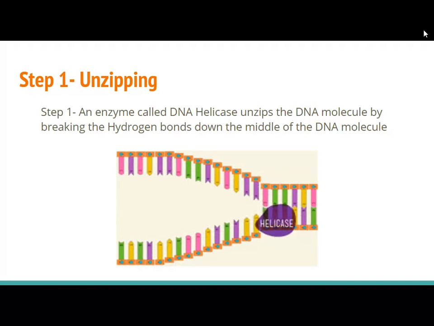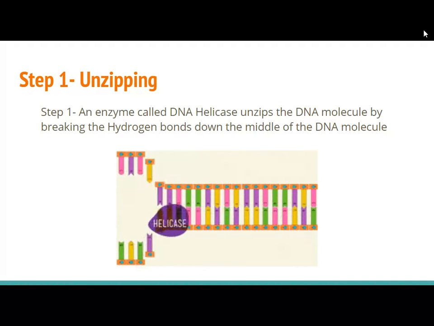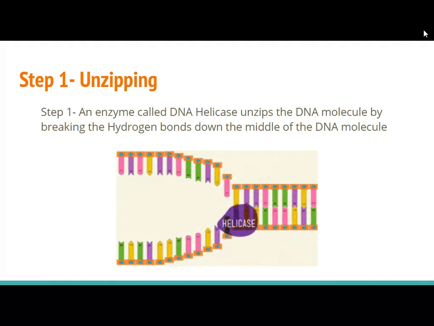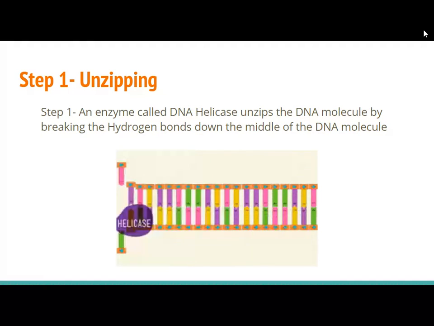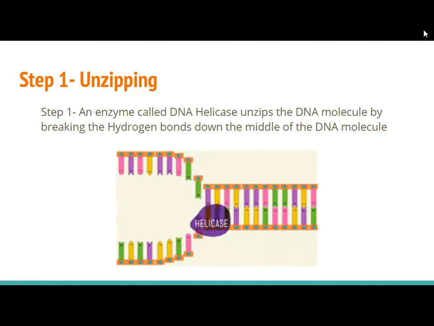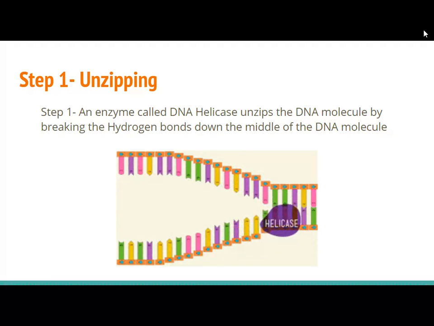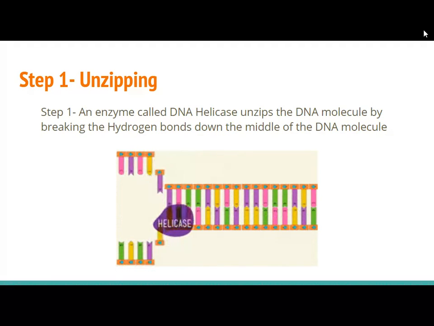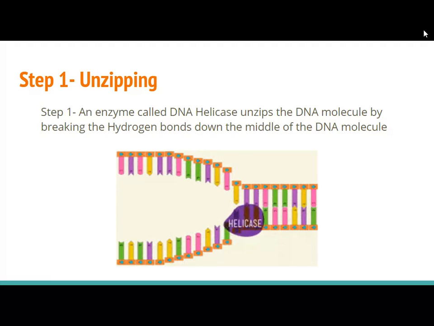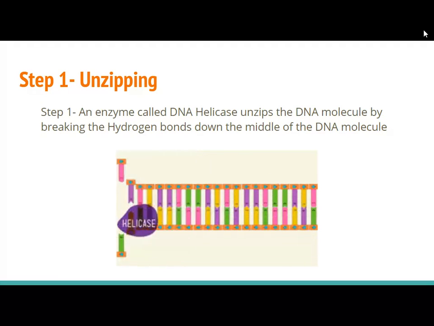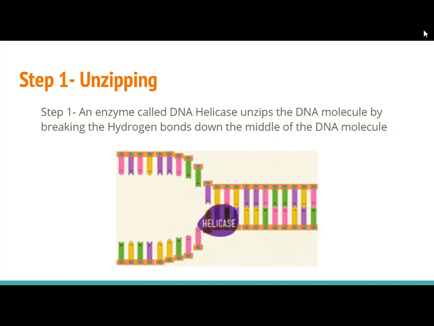What were those weak bonds called? Hydrogen bonds. Yes, I know it's up here. But hydrogen bonds down the middle hold our two sides of our ladder together. In order to duplicate our DNA, we have to break it apart. So DNA helicase does the breaking.